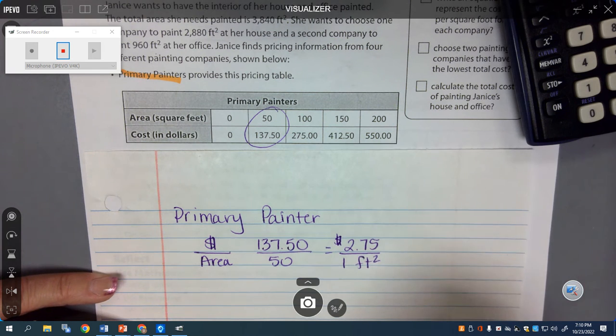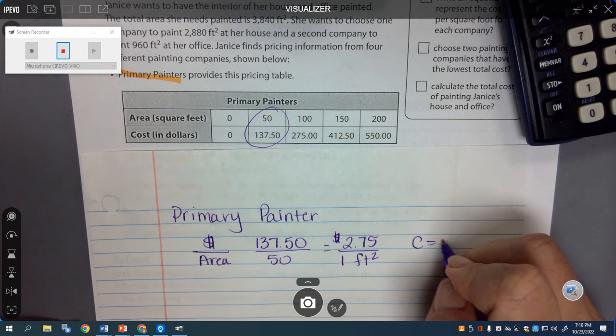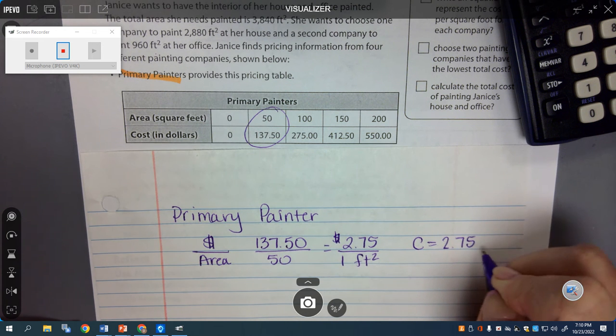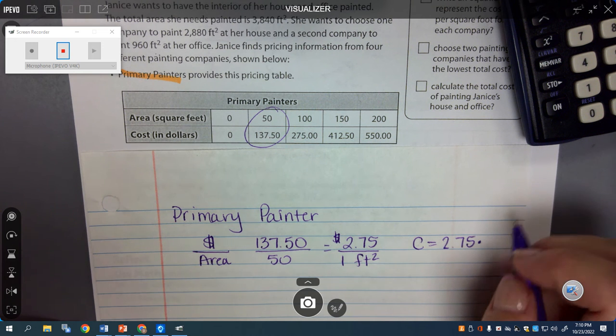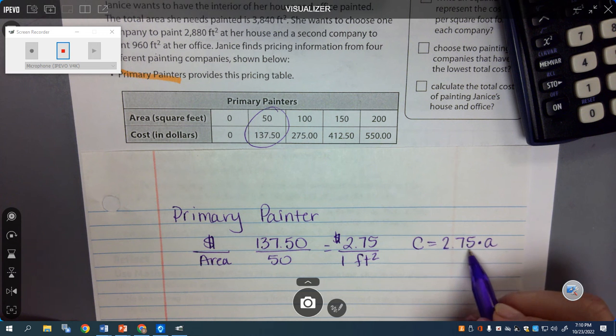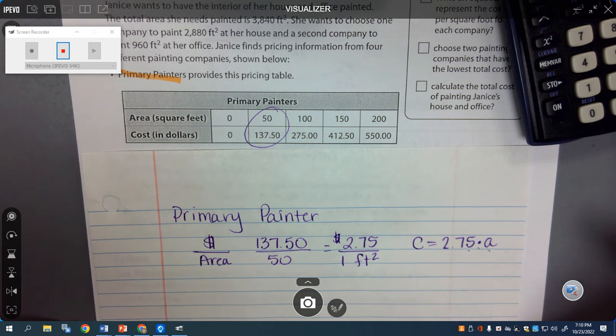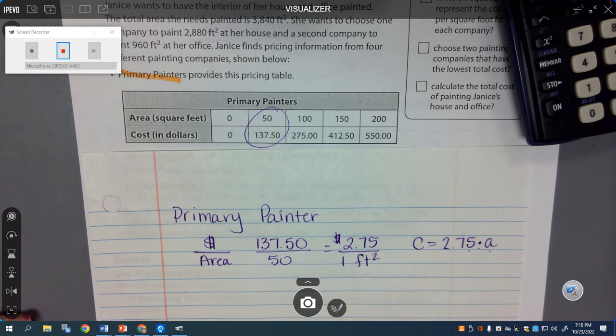So to write this out as an equation, cost equals 2.75 per, well, we probably should call it area, because it's how much money per square foot. We could put feet squared in there too, that's fine.